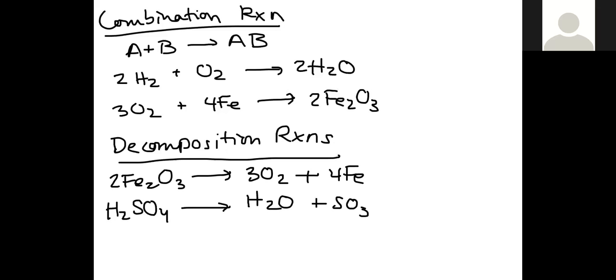Still a decomposition reaction, because you start with one thing and you go to two things. It just doesn't decompose directly into elements. Any questions on that? Once again, these are the easiest to identify, because it's just how many on the left, how many on the right.